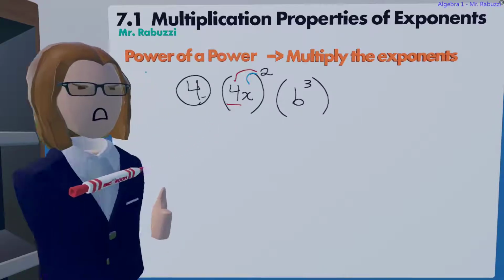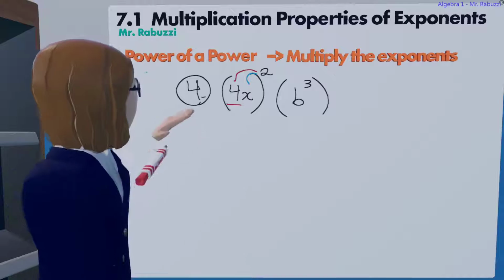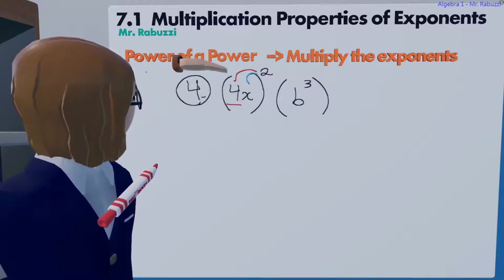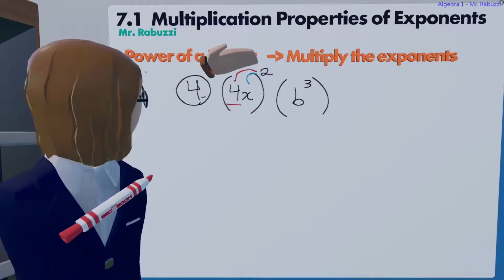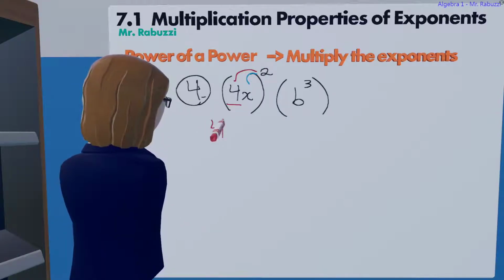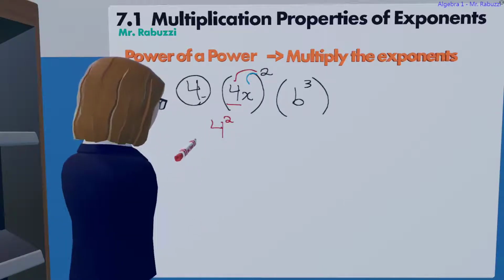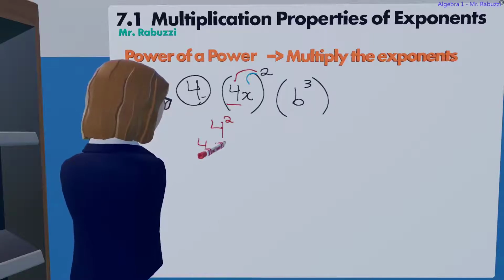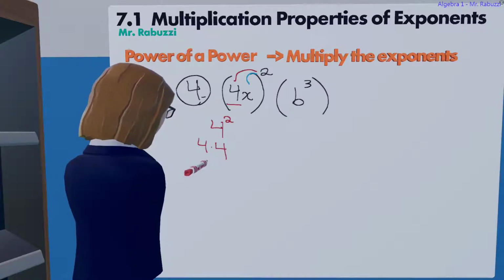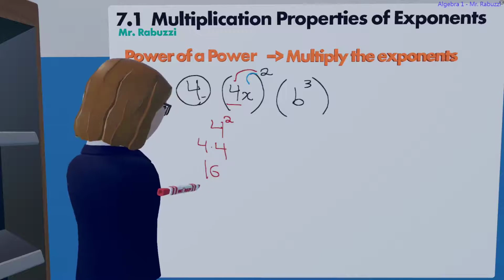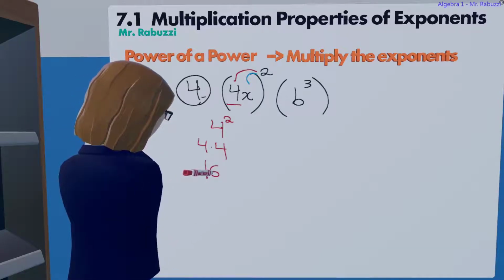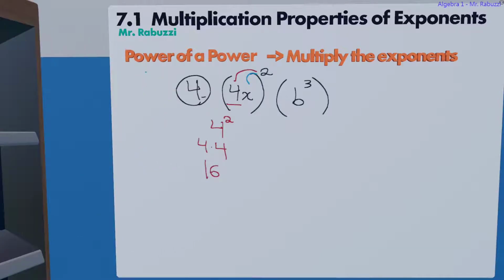That's our coefficient. So the 4 is going to be squared. 4 squared, which is 4 times 4, which is 16. Okay. Coefficient is finished.